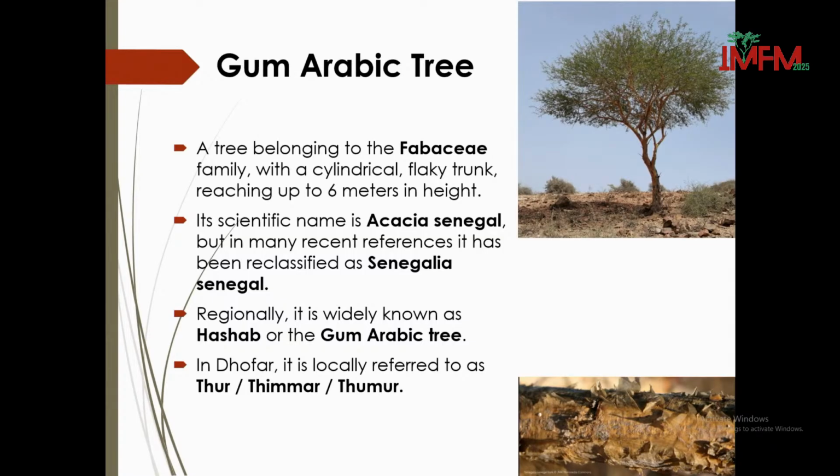The scientific name of this tree is Acacia Senegal, but it has now been reclassified as Senegalia senegal. In Arab countries, they call it Hashab in some areas, and in some areas gum Arabic tree. In Dhofar, they call it Thur in different areas, and Thummar, and also Thumur in the Mahri language.